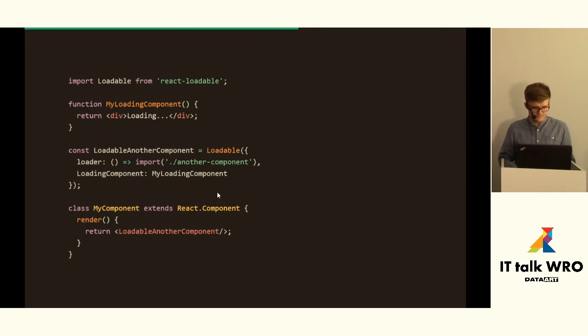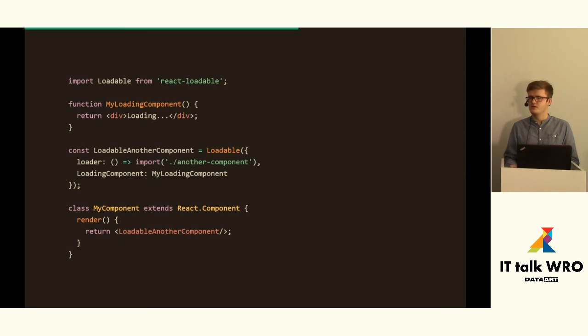So what we have in this example, we import React Loadable, and we specify a loading component, our custom loading component that will be rendered while code is not loaded. And instead of making our custom async function, we use a loadable function, and it accepts two parameters, loader as well, that returns a promise, and loading, which specifies a component that will be rendered while it's loading.